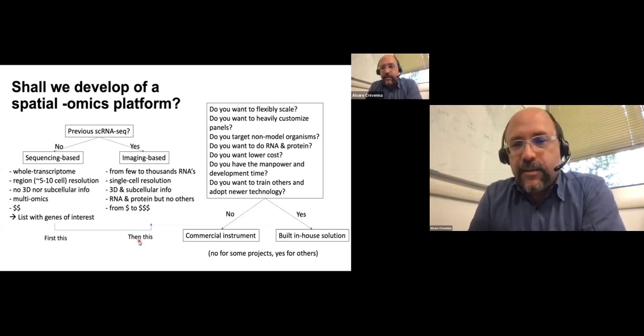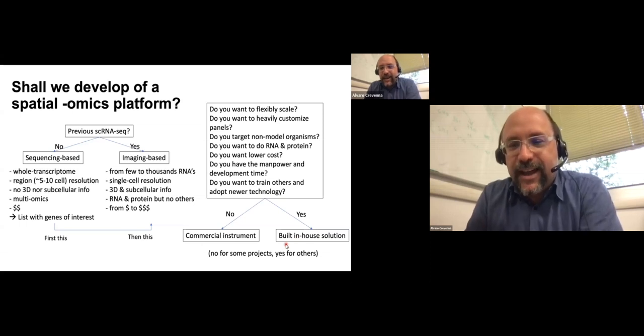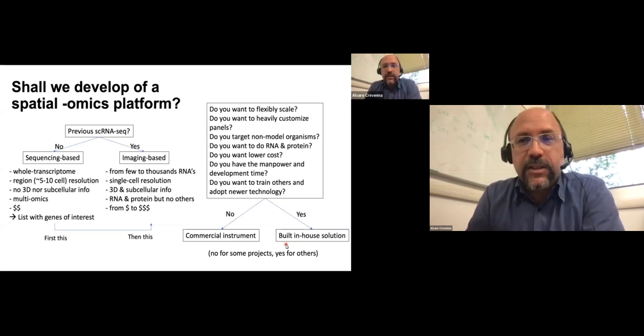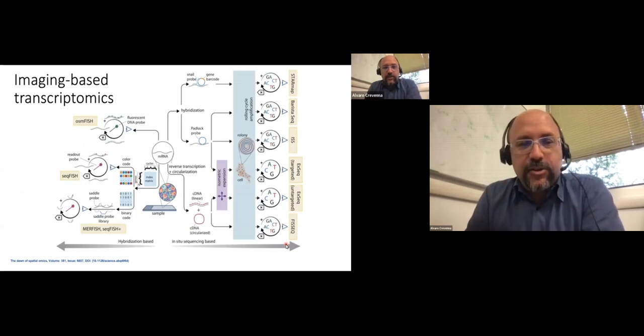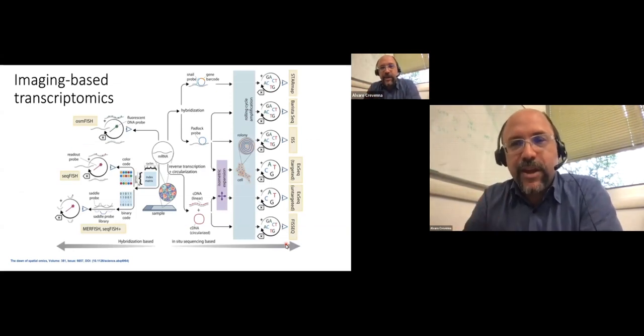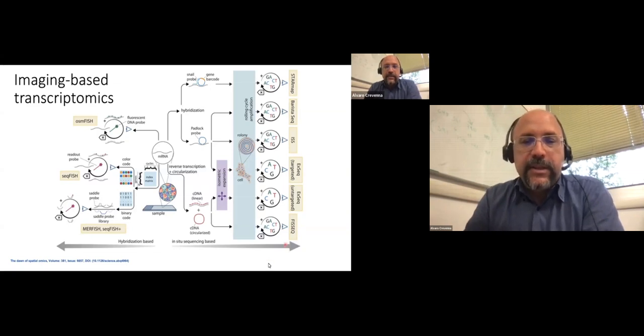As I said before, when I started, there were not many commercial instruments. So we had an easy way to decide, since we had to do things in-house. We went with image-based transcriptomics. This is a very information-dense slide, but essentially there are two ways you can go: in situ sequencing-based or hybridization-based.